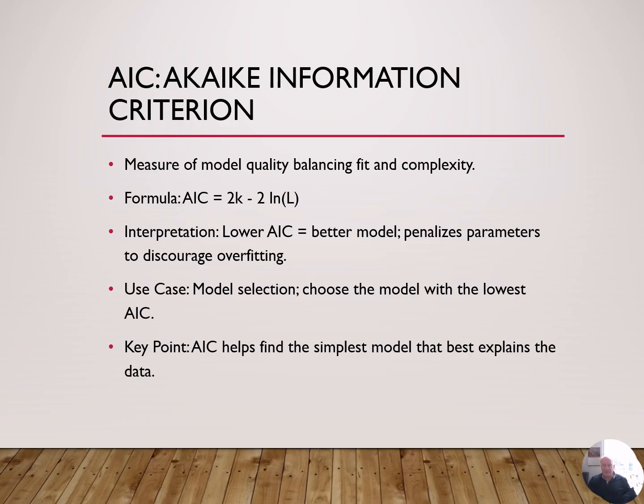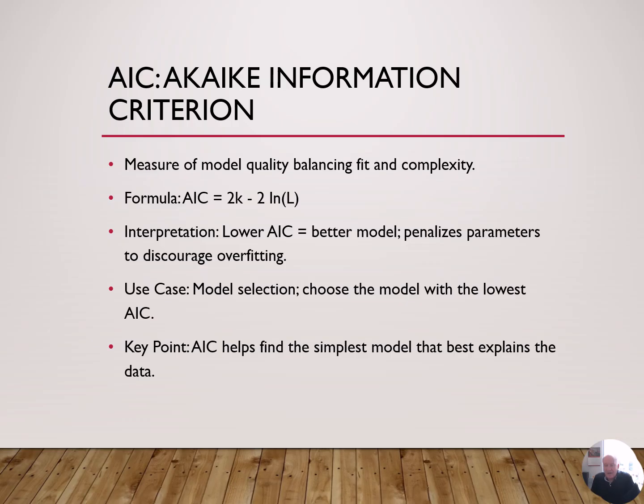So last chapter we talked about AIC, and we said it's a measure of quality, balancing fit and complexity. The formula was AIC equals 2k minus 2 times the natural log of L. The interpretation is that the lower the AIC, the better the model, and it penalizes parameters to discourage overfitting.